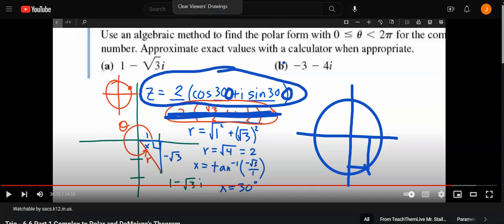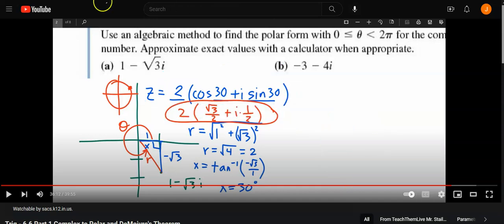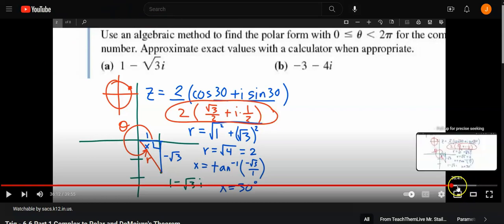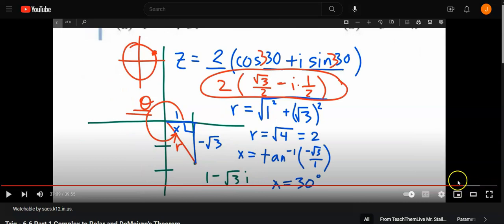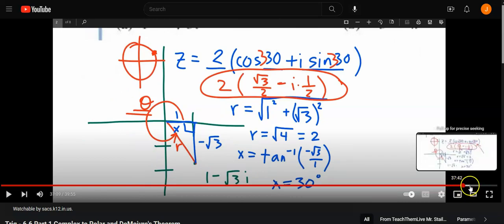Okay, let's go to the next example. Hopefully I don't screw that one up. Oh, I put 330. I'm even worse there. Should be 300. Still wrong.